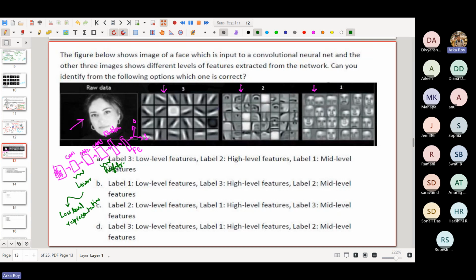By low level representation, I basically mean line, edge, boundary, etc. For high level features, for this particular case, which is a face recognition task, I mean the features that the higher convolution layers learn, which could be like generating face.